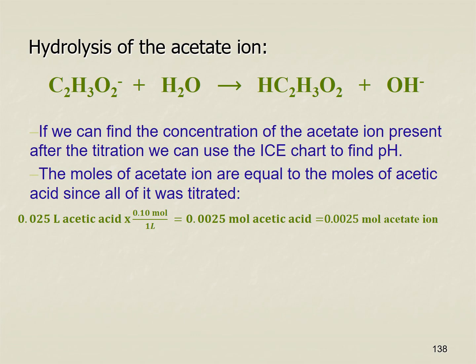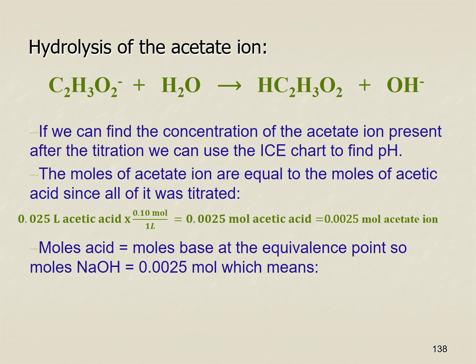That means that at the equivalence point, we also have 0.0025 moles of the acetate ion present. The moles of OH negative that were added is also 0.0025 because they are equal to each other at the endpoint.